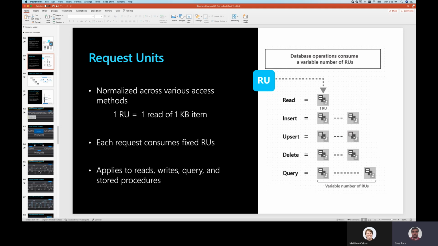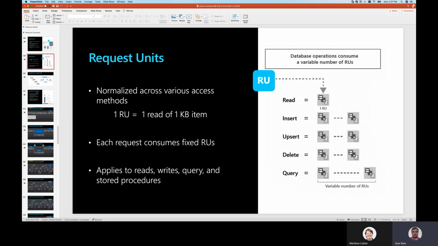Like I said, let's not worry about the physical aspects of a request unit, but let's worry about the logical aspect of a request unit, which is very important for us to design this database and design a partition. A request unit is normalized in the sense that one request unit is defined as the ability to read one kilobyte worth of item.